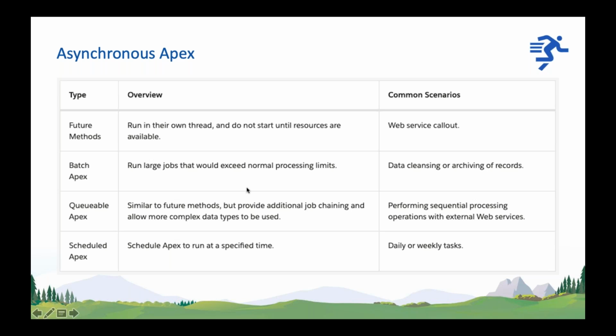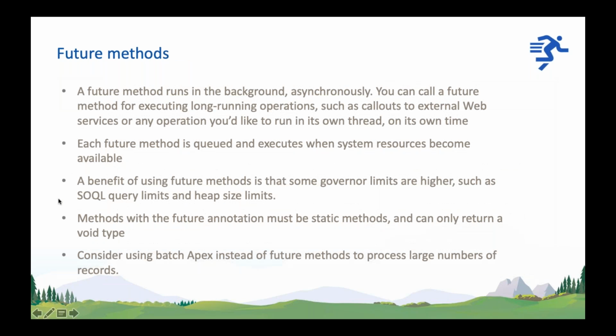First we'll discuss the future method. A future method runs in the background asynchronously. You can call a future method for executing a long running operation such as callouts to external web services, or any operation you'd like to run in its own thread on its own time, right?